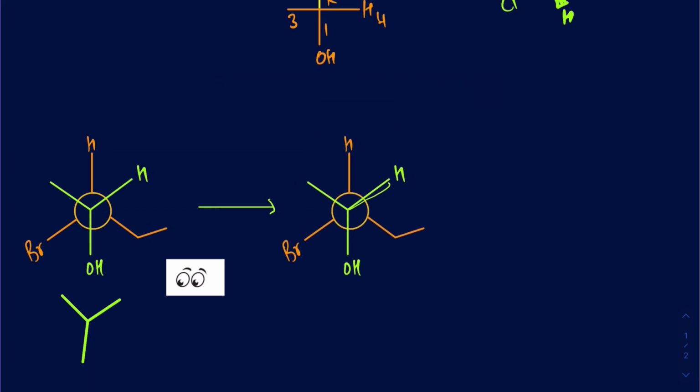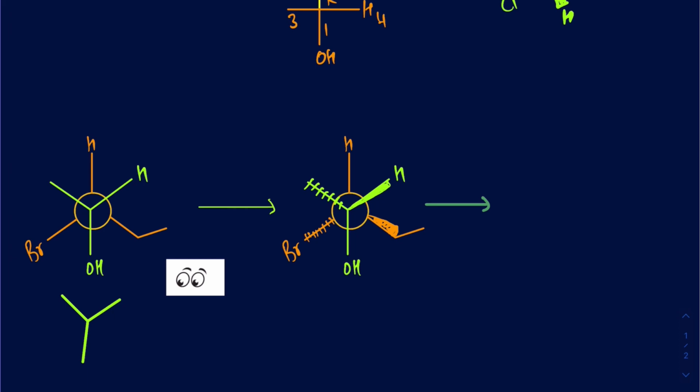So this is going to be coming out of the page, and then this is also going to be coming out of the page, and that also tells you that these guys will be going back in the page, along with this going back in the page. So maybe I can go ahead and draw that in that particular form.